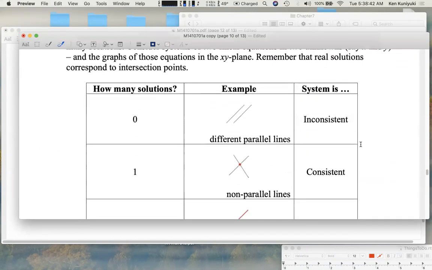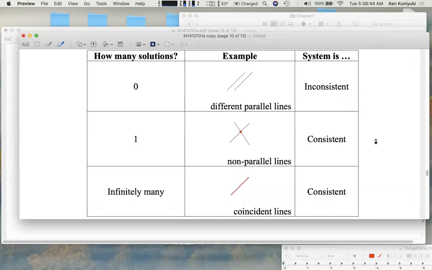All right. So again, if you have a linear system in two space, how many solutions could you have? Well, you could have no solutions, like here, if you have different parallel lines, in which case the system is inconsistent. You could have exactly one solution, which corresponds to the intersection point between non-parallel lines, or you could have infinitely many solutions, where you have coincident lines.